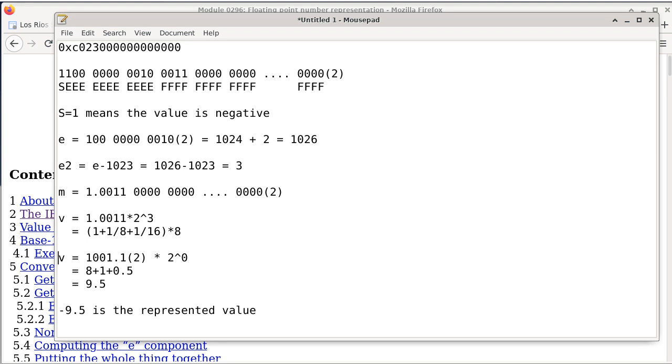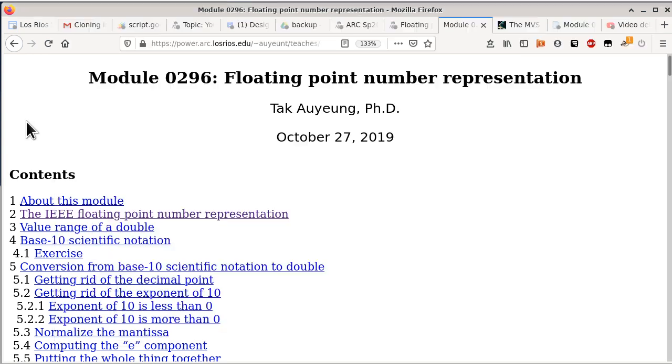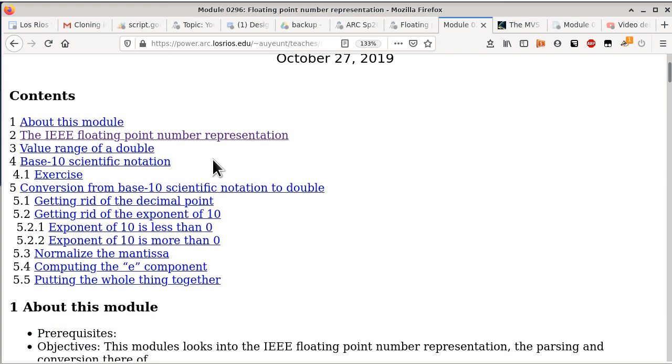So what we'll do next, going back to our notes, the rest of this really has to do with conversion. In other words, if I give you a base 10 scientific notation, how do you translate that into base 2 double precision floating point representation?